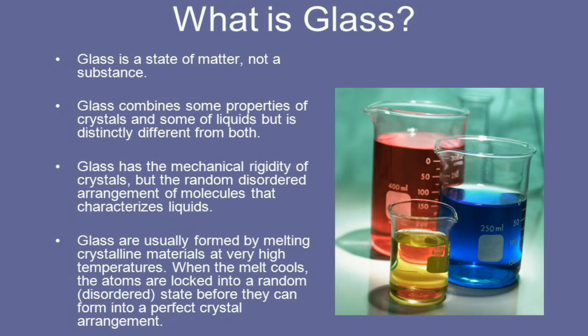So glass is usually formed by melting crystalline materials at a very high temperature. When the melt cools, the atoms are locked into a random state before they can form into the perfect crystal arrangement.